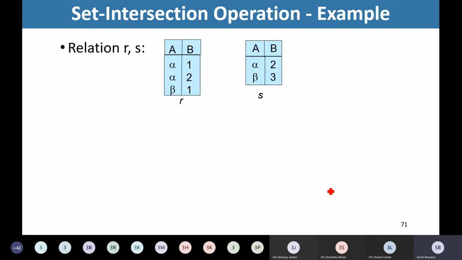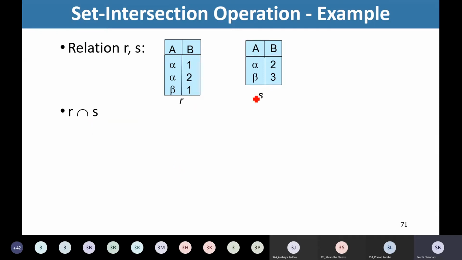So let us assume that we have two relations R and S. R has two attributes A and B. Also, S has two attributes A and B. These two are the instances of R and S. Now, if we want to write the resultant relation which is the outcome of R intersection S, what is the outcome here?